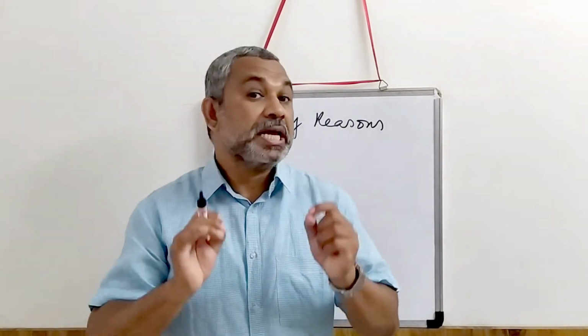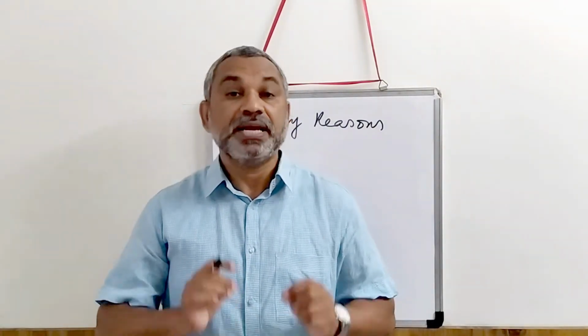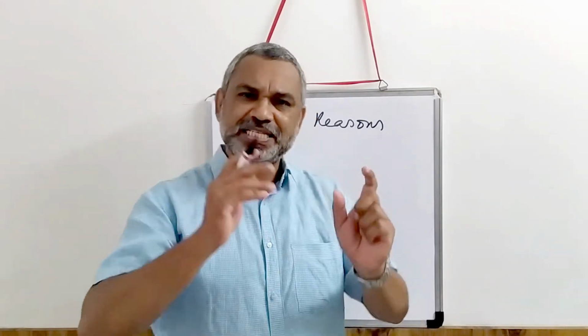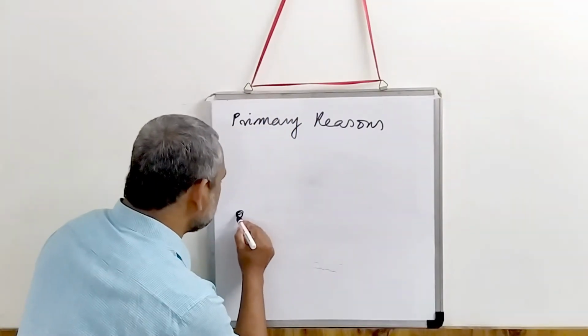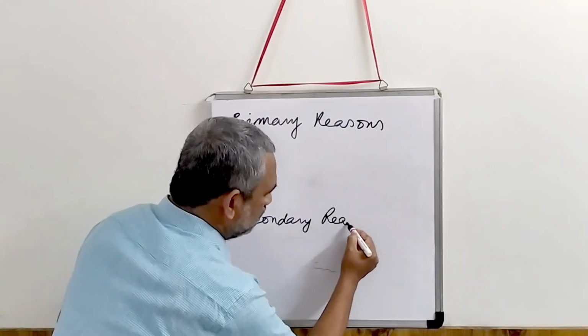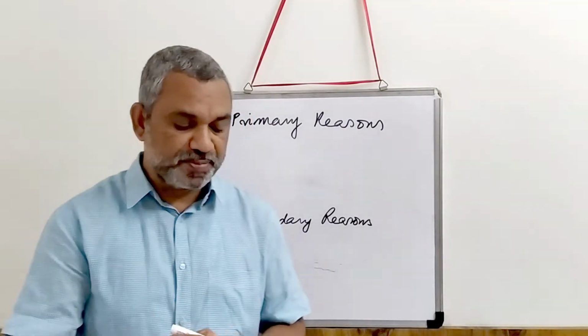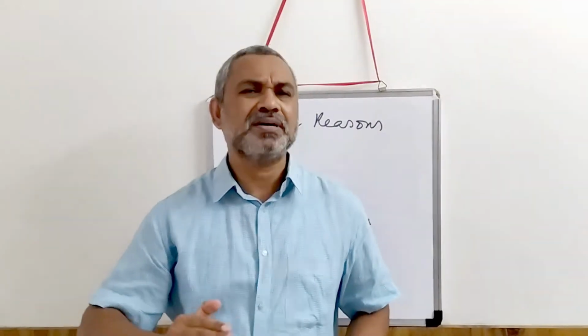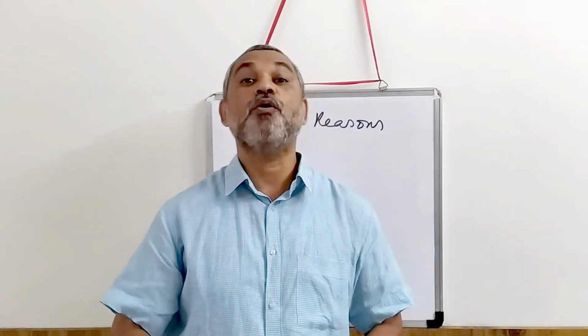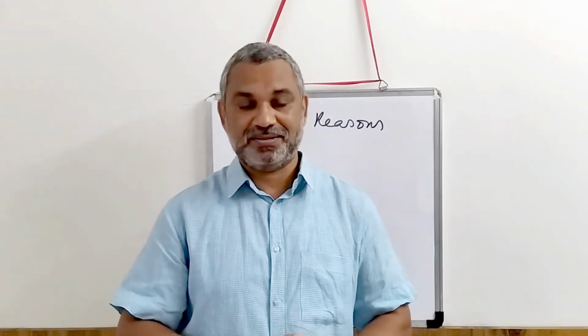Primary reasons means it's directly involved. It has a one-to-one relationship. That is the primary reason. The second is something called secondary reasons. Secondary reasons means not directly involved, but it has some influence on precipitating gout.